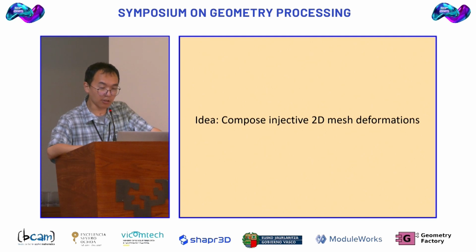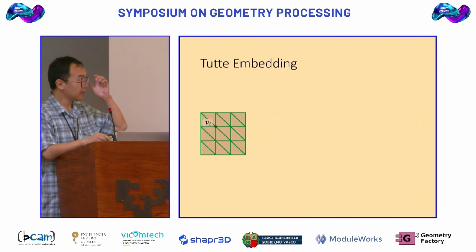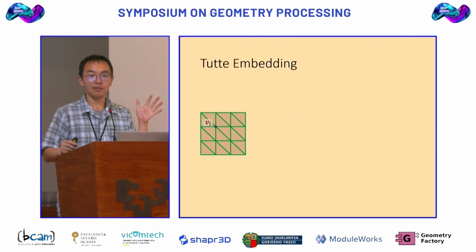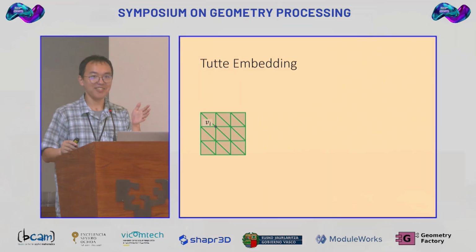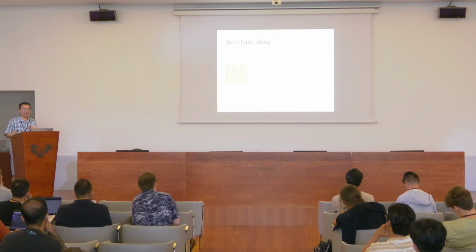But in the 2D domain, we have this beautiful idea. This is called Tutte embedding. How many of you know this? Very good, you are from the geometry processing community. I think during the past SGP editions, we have had sessions on this.